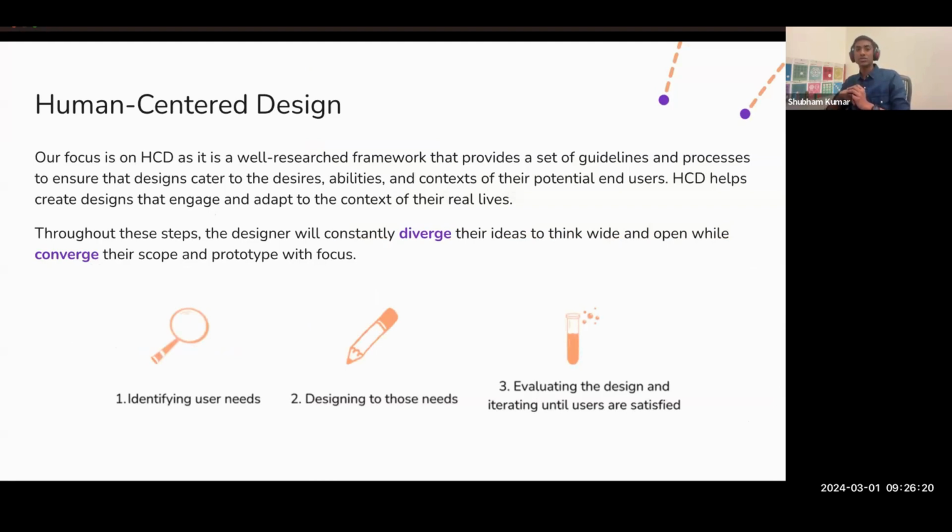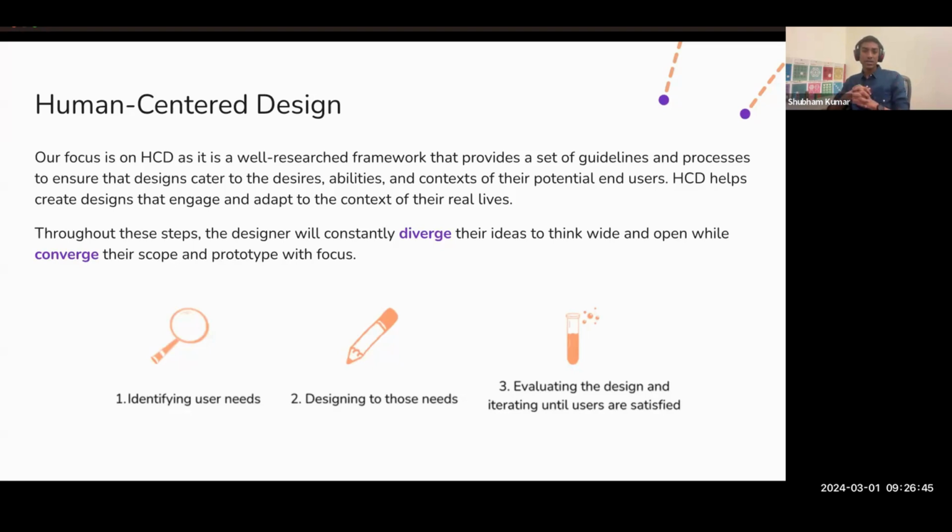And as you go about using HCD, you'll realize that at each step you want to diverge first, think wide, think open, and then converge, narrow down the scope, and then focus on building a prototype. And then again you diverge, and then again you think of different ways you can solve the problem. And then you keep diverging, converging until you reach a point where you have something tangible and useful.